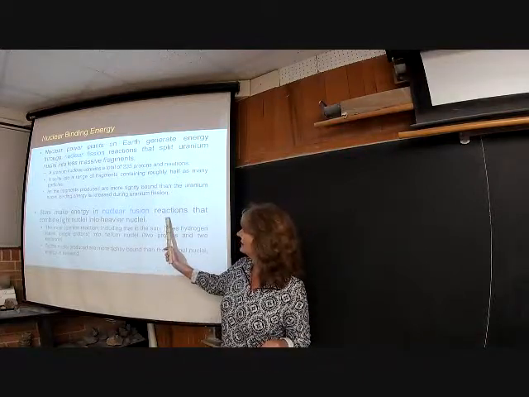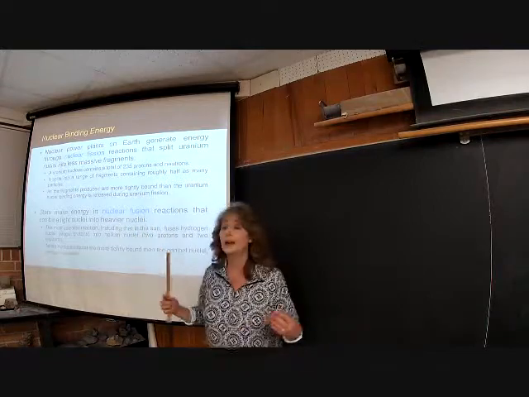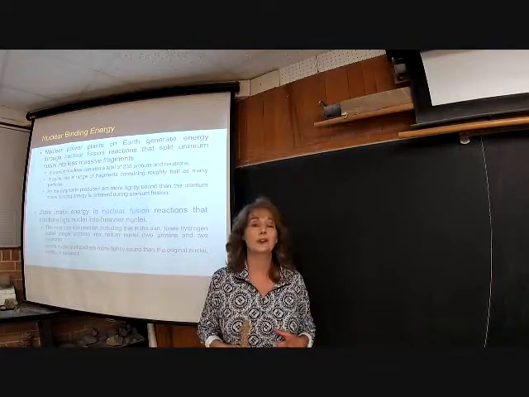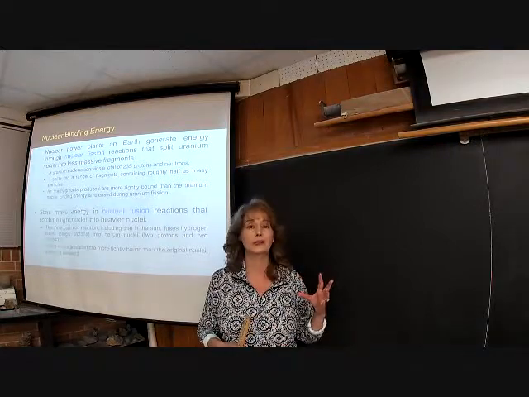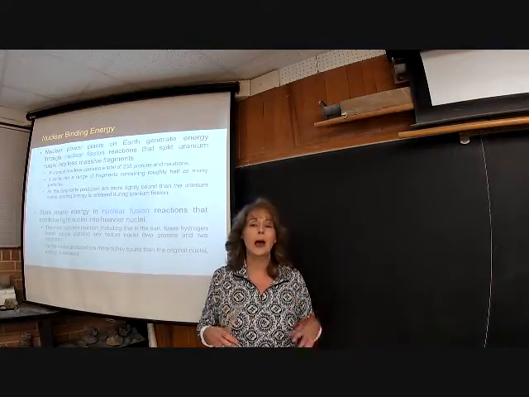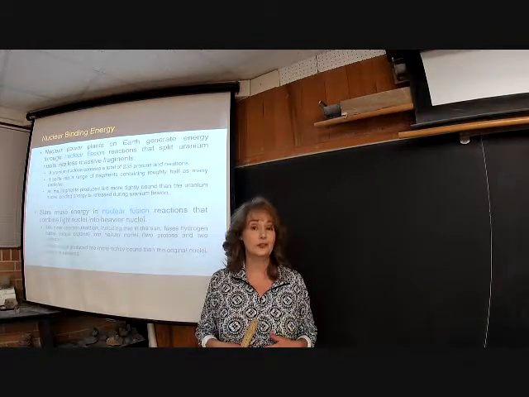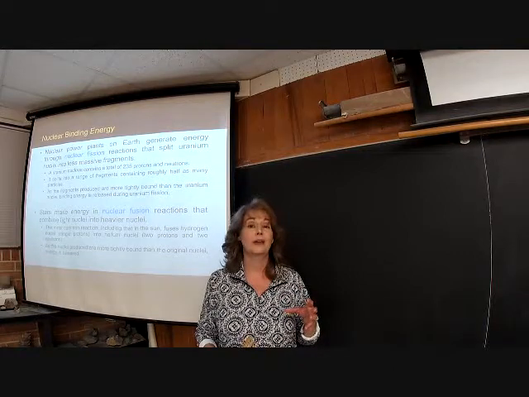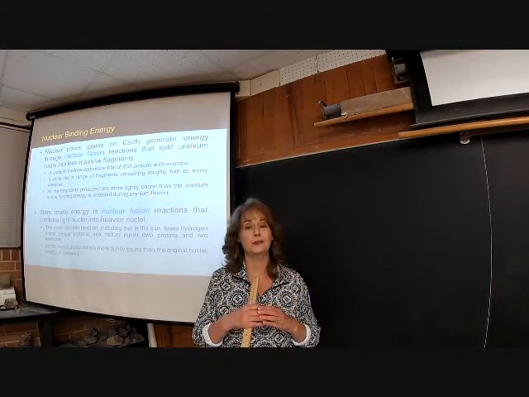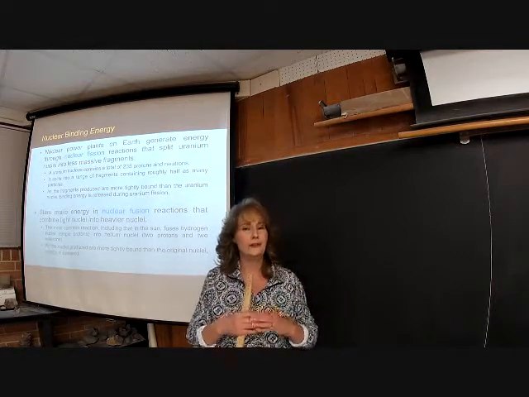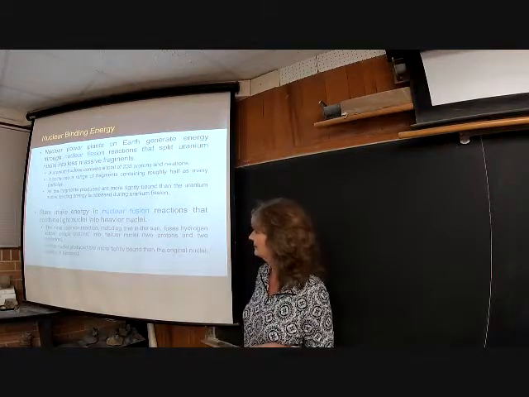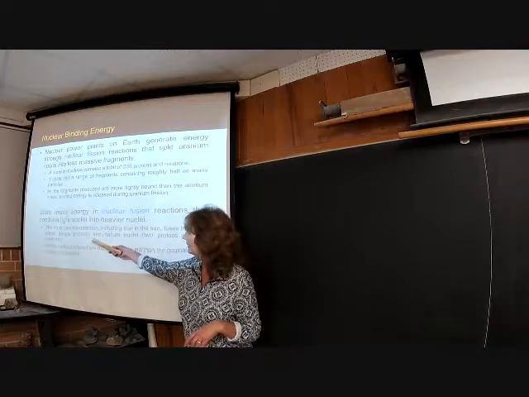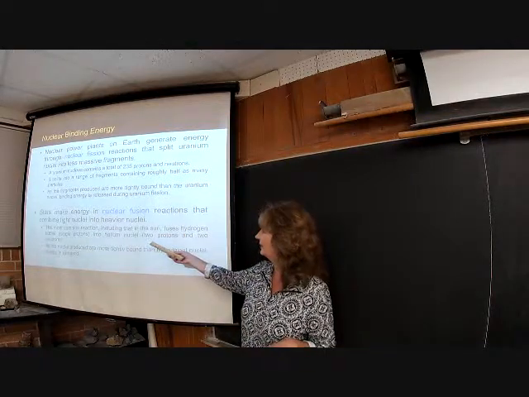We're taking lighter nuclei and creating heavier nuclei. The composition of our stars is mostly hydrogen and a little bit of helium. But the idea of nuclear fusion is taking the lighter hydrogen atoms and fusing them into the heavier helium atom. So we fuse hydrogen nuclei into helium nuclei.